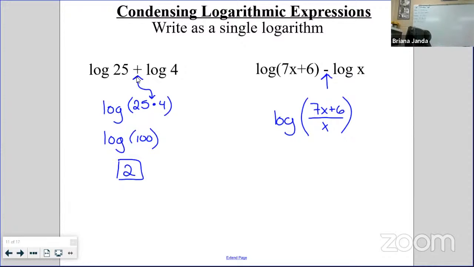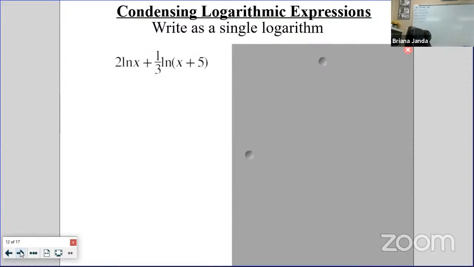Okay, let's get into some a little more complex here, where we have to do multiple things. 2 natural log of x plus 1/3 natural log of x plus 5. So if I go back to the steps that we had on the first page, the very first thing that I would do is always just look for those constant multipliers and slide them back to being exponents.